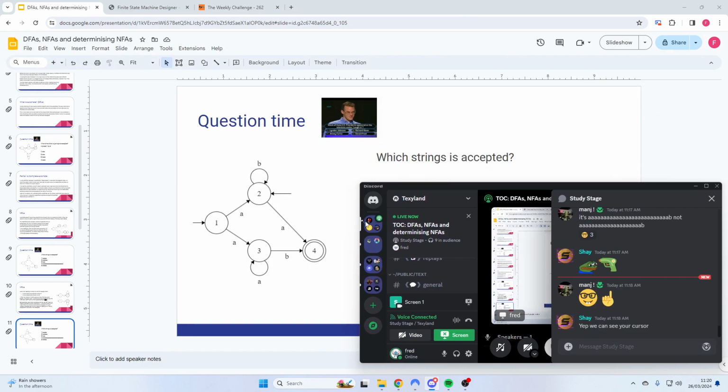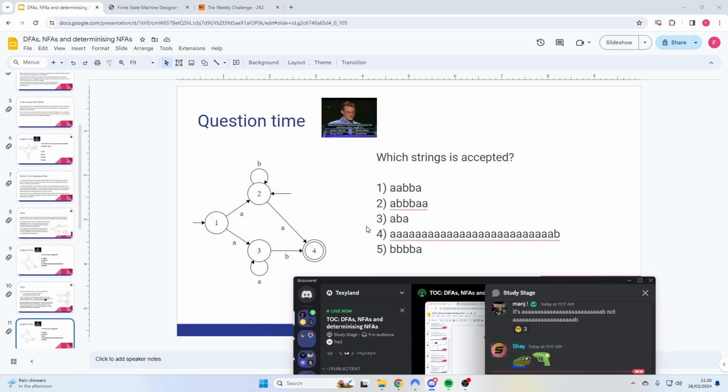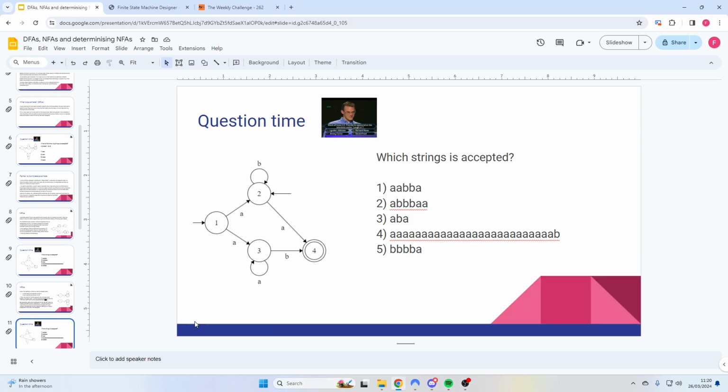Also, seeing as we're just building on the last ones, are there two strings here that we don't even need to consider and check whether they're valid or not?